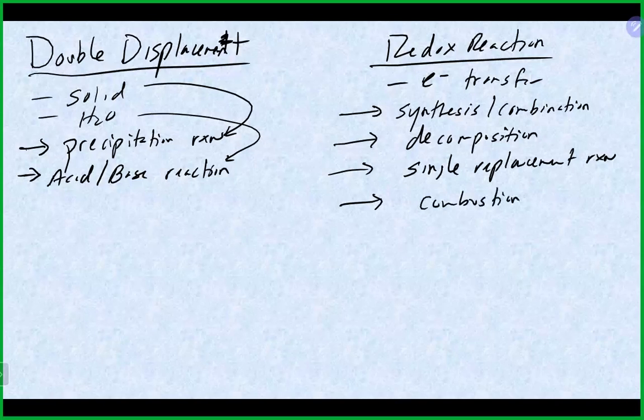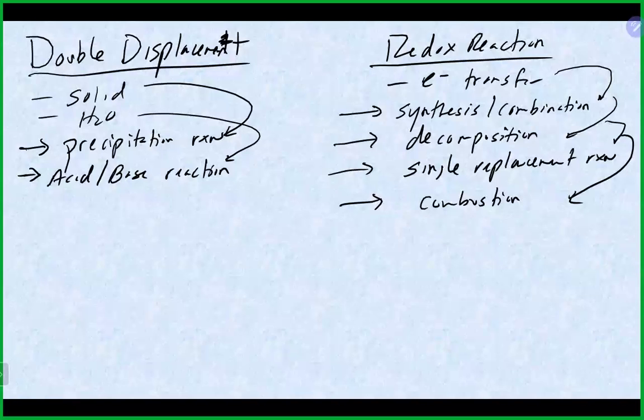So again, we have these big categories of reactions and more specific ways to classify them. And even though they all have different names, every single case still involves electrons being transferred. Any questions on how to classify reactions there?